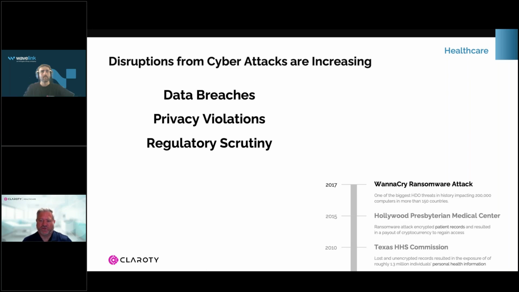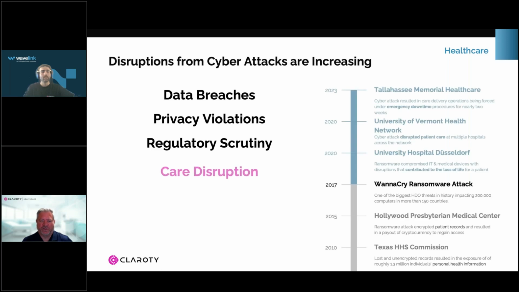But now as you move into the years past 2017, because of WannaCry, a lot of the issue that we see now is around care disruption. So if you look at the attacks on the right-hand side, sort of 2020 onwards, they have all been around getting into systems that potentially contribute to loss of life. And we saw obviously examples of loss of life with some of those examples you can see on the right-hand side.